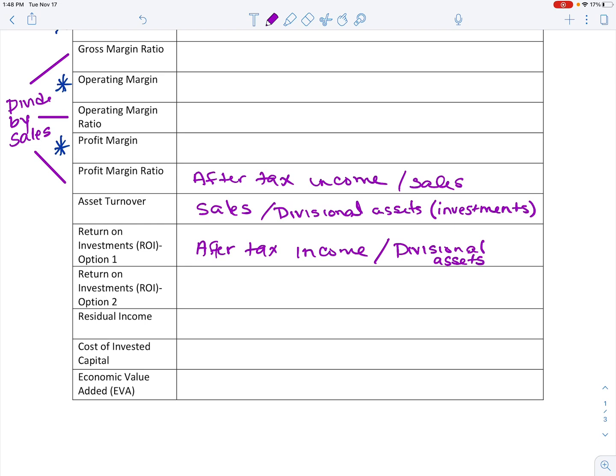So we could also say return on investment is profit margin ratio times asset turnover. So depending on the information that you have, then you can calculate return on investment based on what's given.